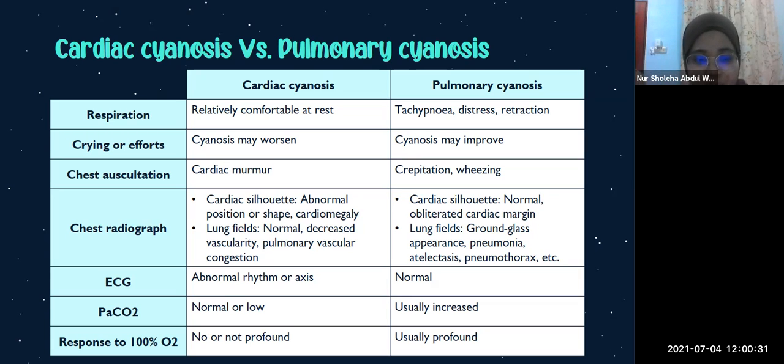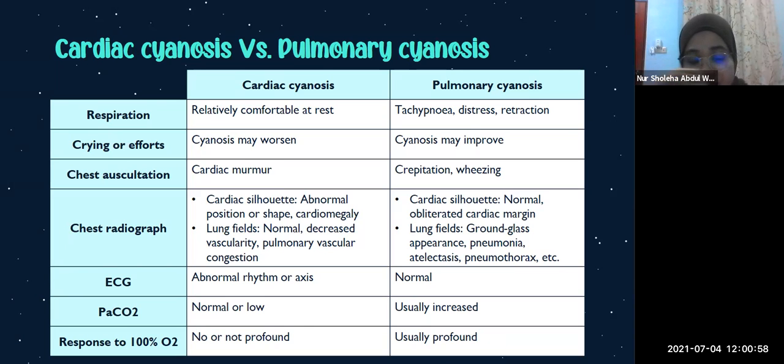The response to 100% oxygen is usually not profound, or there is no response to 100% oxygen. Meanwhile, in pulmonary cyanosis, usually the patient will be tachypneic, distressed, or there might be some retraction. The cyanosis may improve upon crying or effort. In chest auscultation, we can hear crepitations and also wheezing.